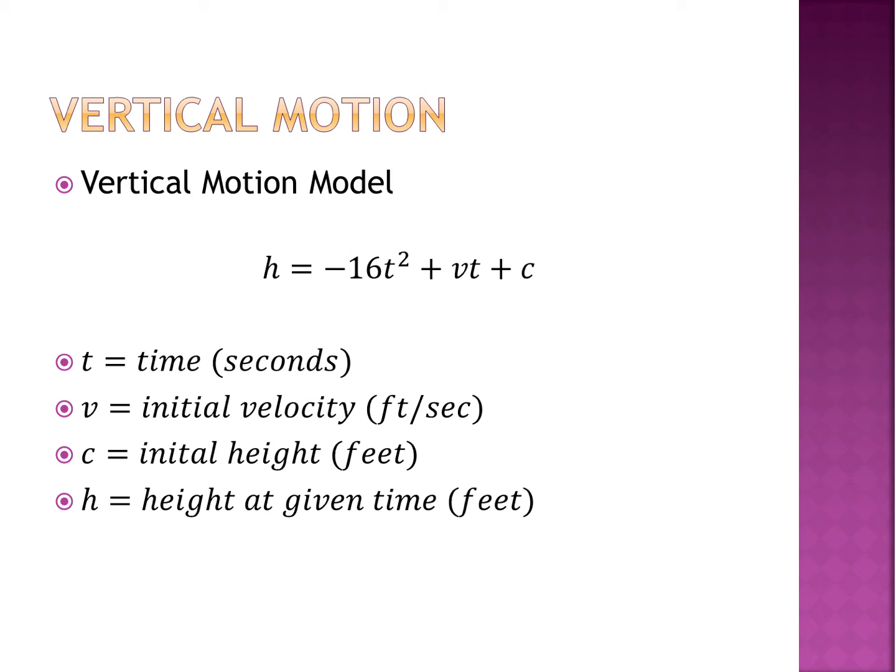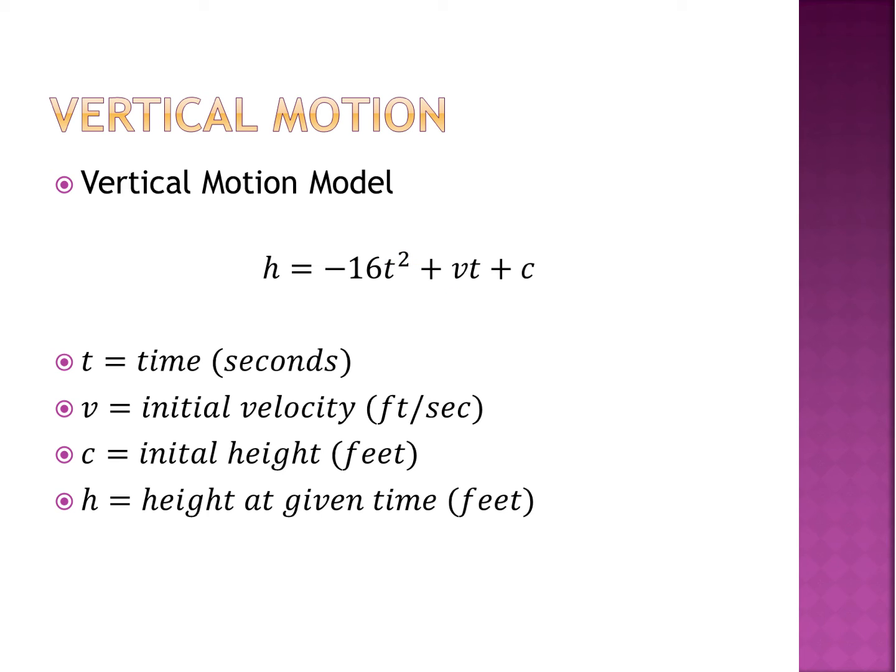Okay, again, we're going to look at this vertical motion model that we've been looking at over the last few sections. Remember, the vertical motion model is going to model the height of an object that's being thrown or dropped. So negative 16t squared plus vt plus c equals your height. So t again is time in seconds.